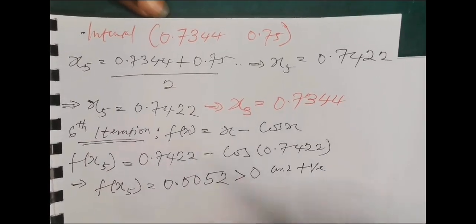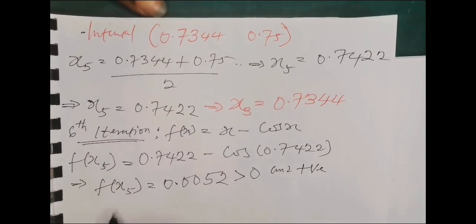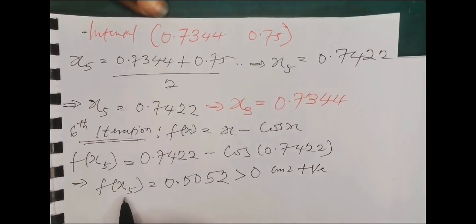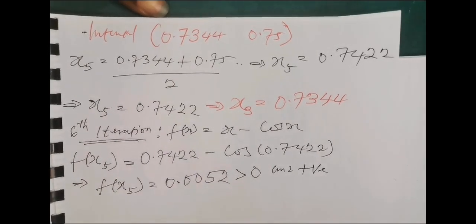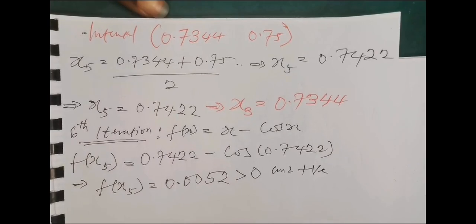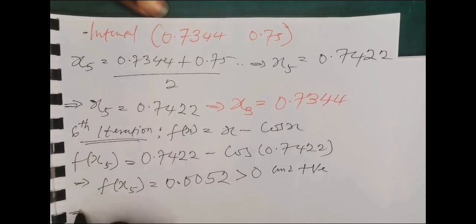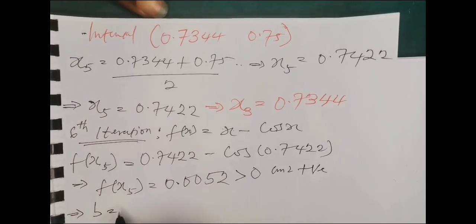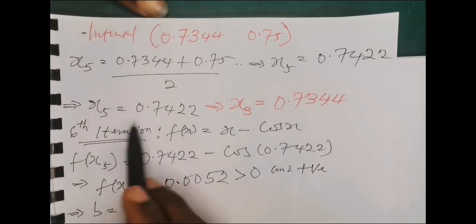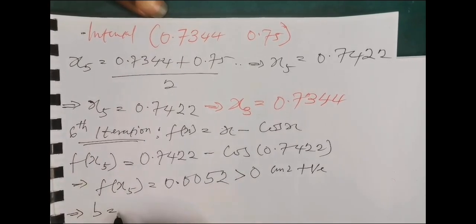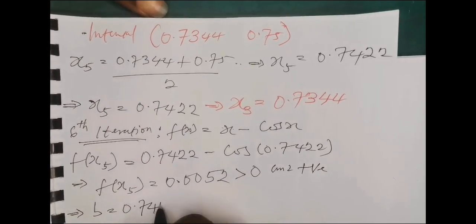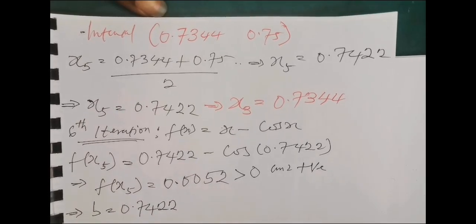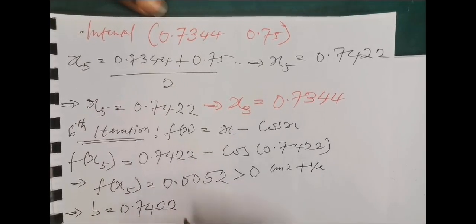Since it is positive, it means we are going to be replacing b by s5, since b is the value that always gives the function to be positive. So b is equal to s5, and s5 is 0.7422, so b becomes 0.7422. Now you can form your new interval.